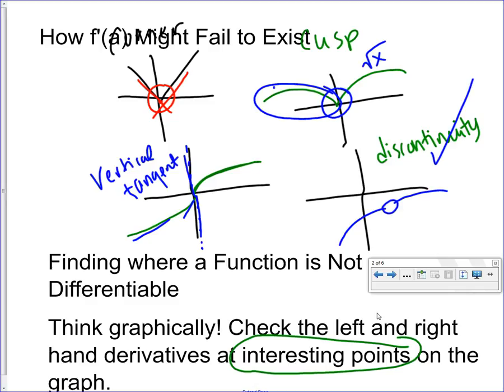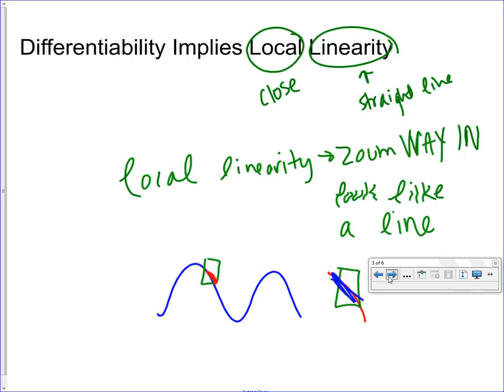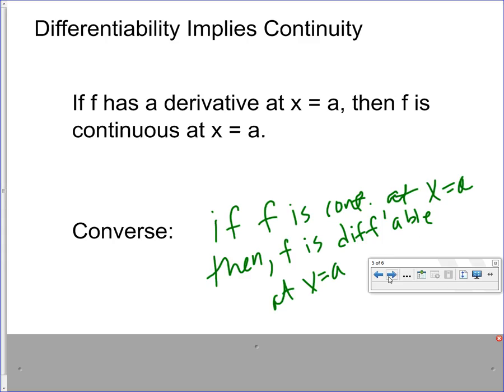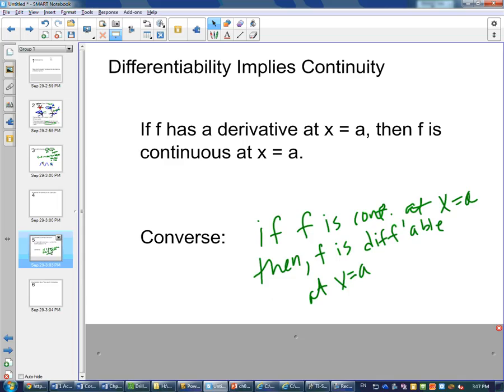Now you might be noticing on this screen there's some other examples where we're not differentiable and we are continuous. Hold on one second, I think I'm saying the converse backwards.